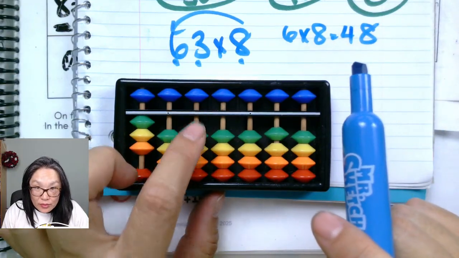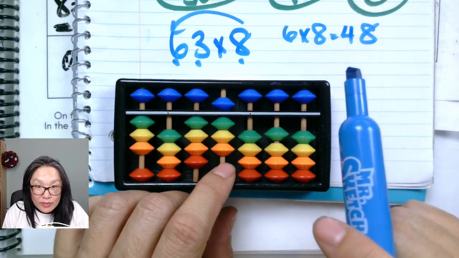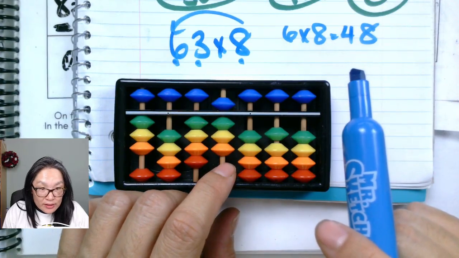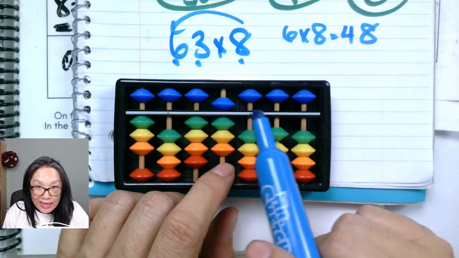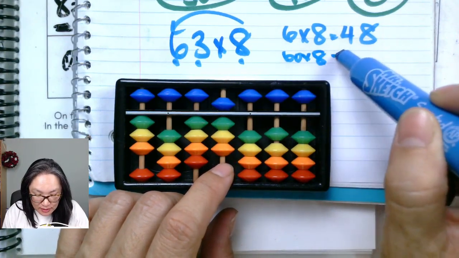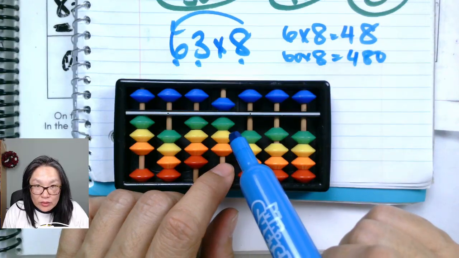Now we're going to put the 4 and the 8 over here. We don't need to say 480. We do not need to say 60 times 8, because that's how they do it in new math. We don't need to do that.